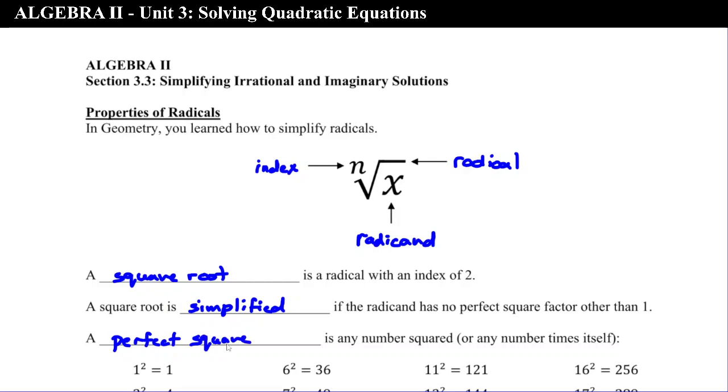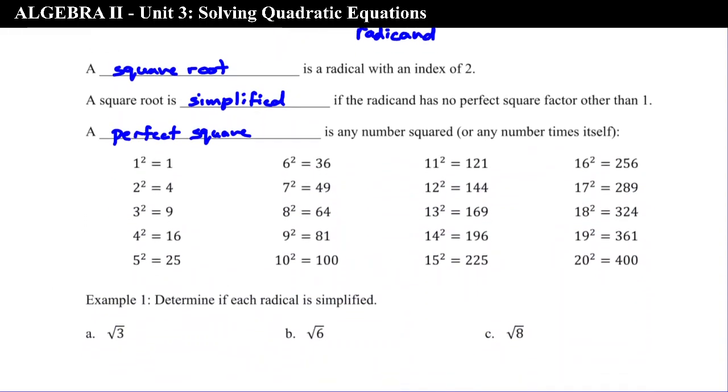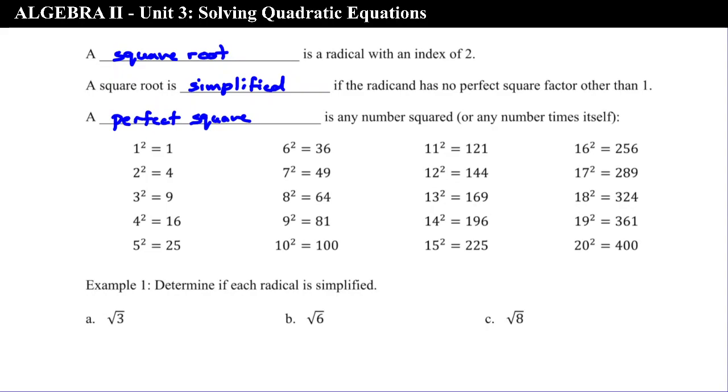Okay, so let's take a look at a list of perfect squares. Many of these you are going to be familiar with because they're part of the multiplication tables you learned back in elementary school. So 1 squared is 1, 2 squared is 4, 3 squared is 9.